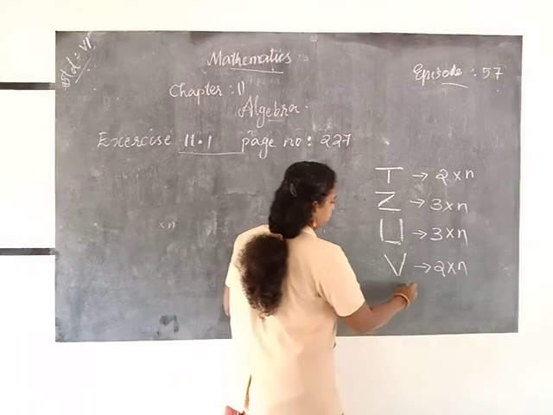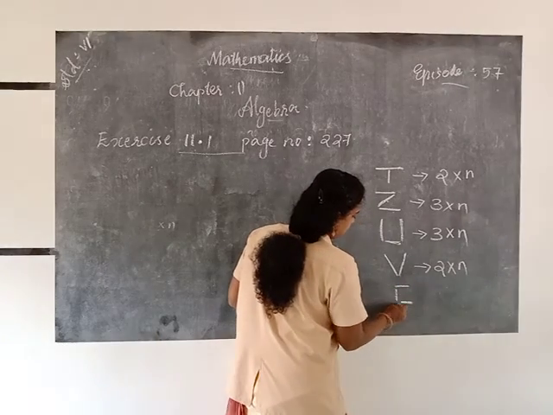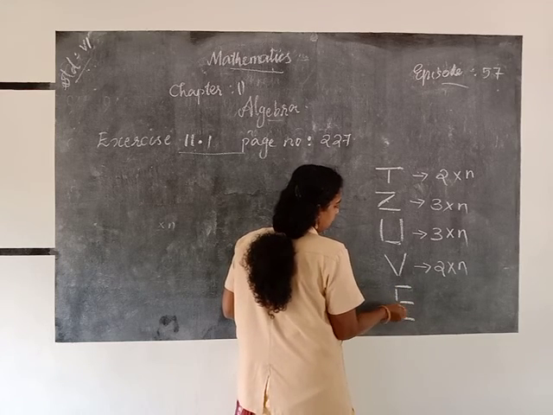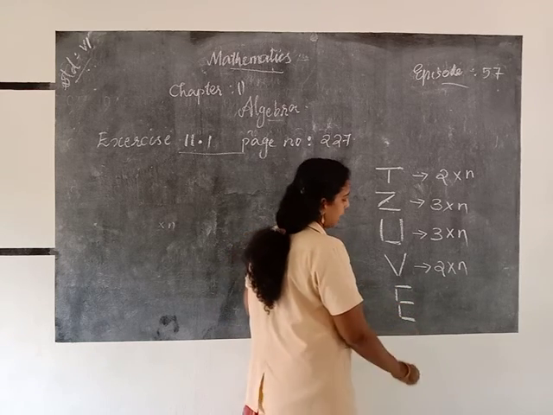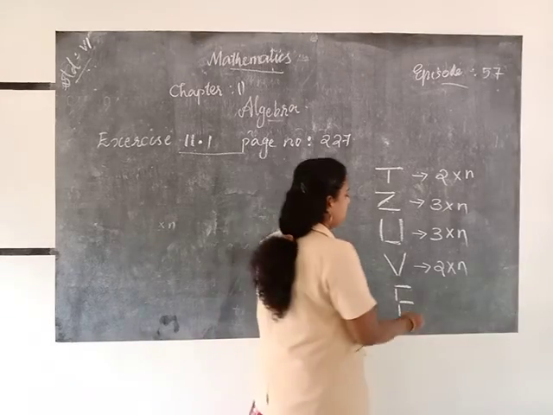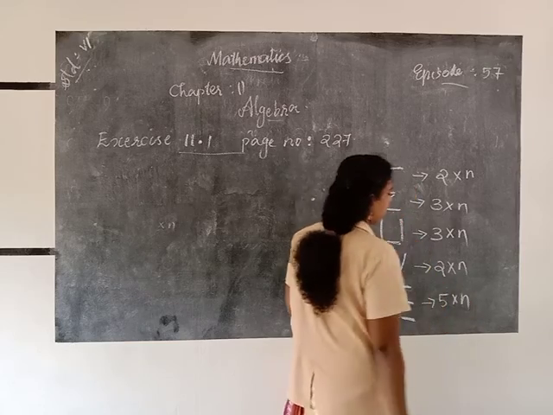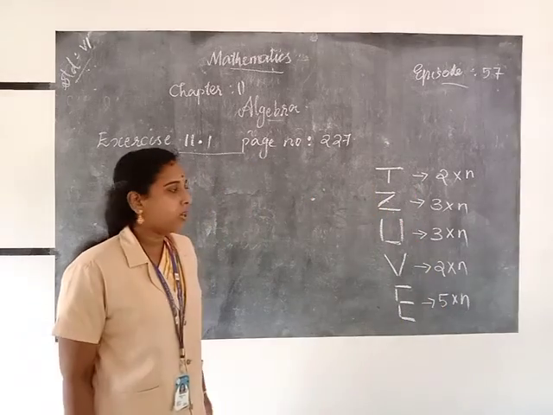Then E, and here we use 1, 2, 3, 4 and 5 matchsticks to make a letter E. So the rule is 5 into the number of E's, that is 5N.